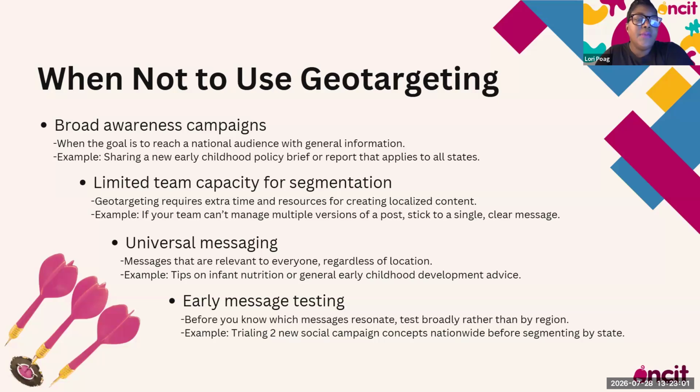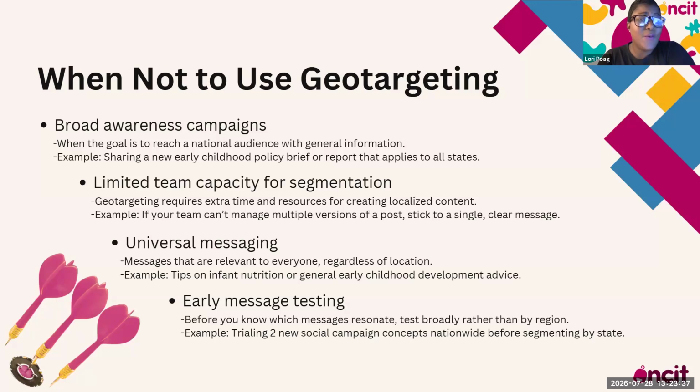And then lastly, early message testing. Before you know which messages resonate, you might want to test broad versus by region. We talked about this earlier with Facebook and Instagram. They allow you to run two different campaign versions, and you can do this before you put any money behind it, just to see what your audience likes and engages with the most.